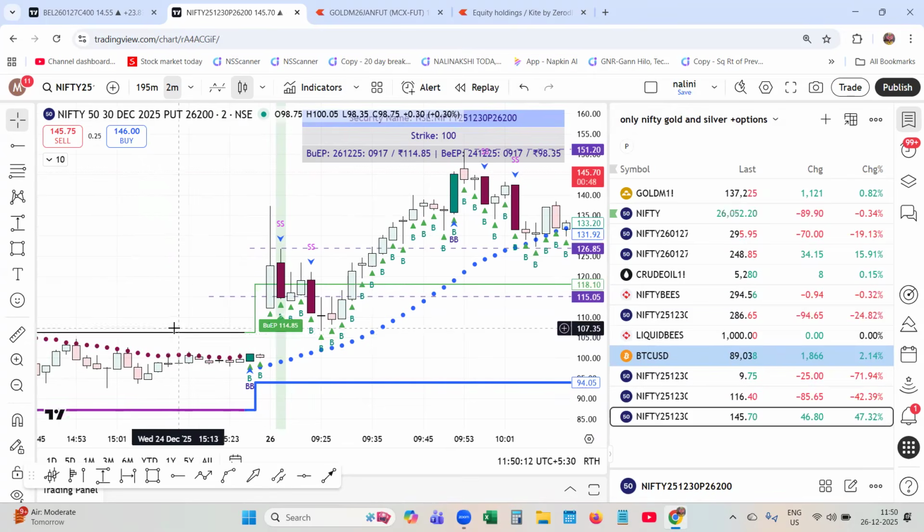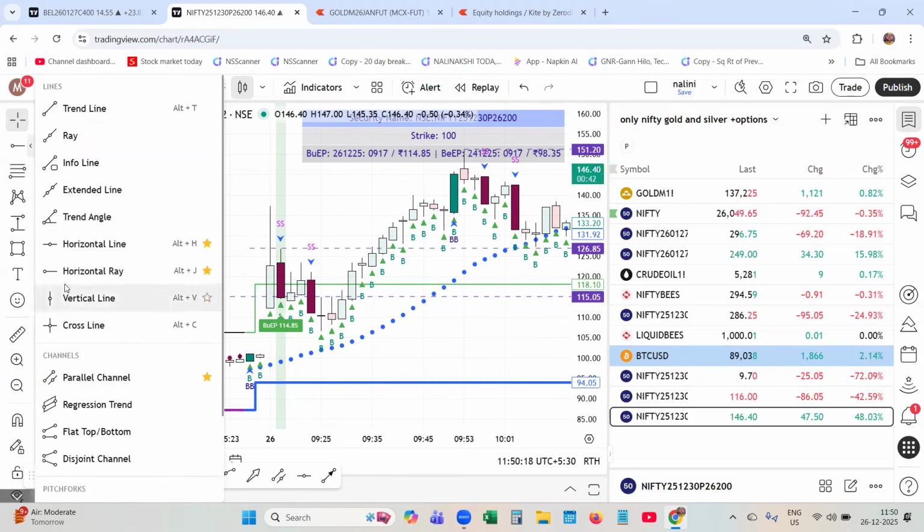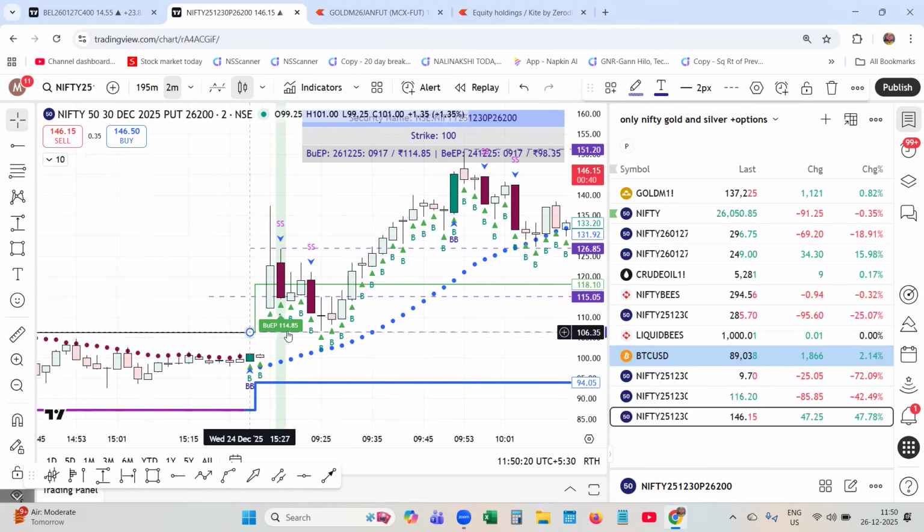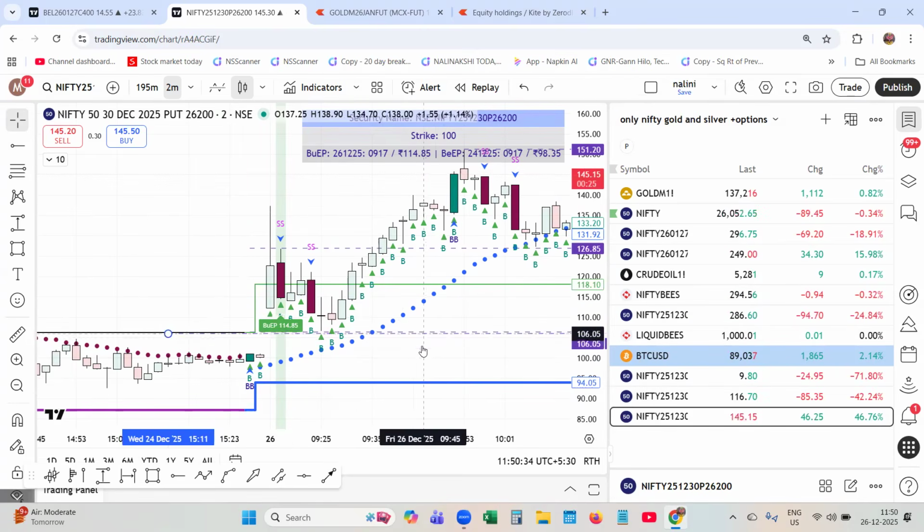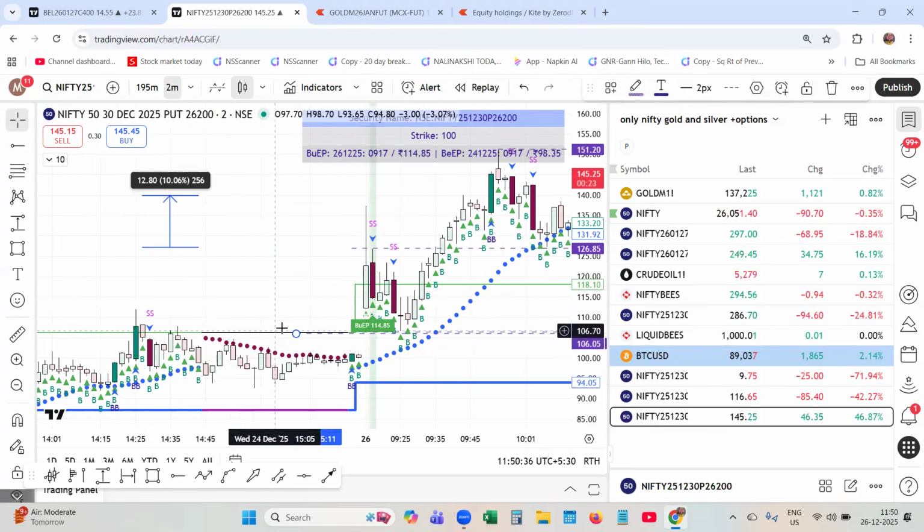The previous day R1 is here, it will act as a guideline, as a support for your trade. So if you put a horizontal line, this is your stop loss. Exactly, the price came down to 106.6, where I've drawn the support at the resistance level.